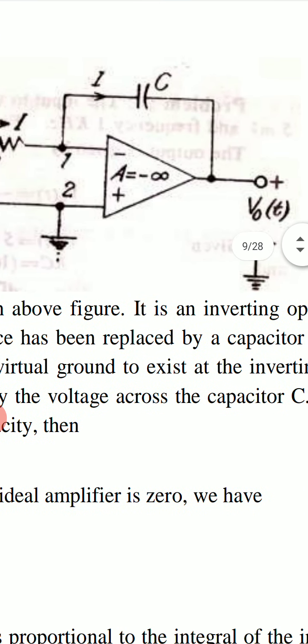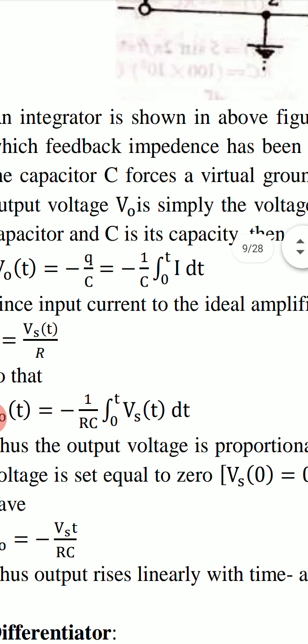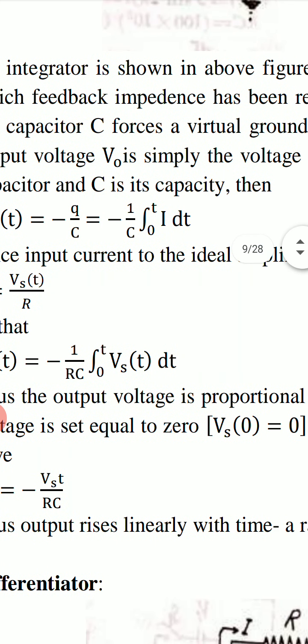From the relation Q equal to CV, introducing a negative sign, we use the relation Q equal to integral I dt. This relation is obtained from the definition of current I. Current I is equal to dq upon dt, so that dq equal to I dt and charge Q becomes integral I dt.